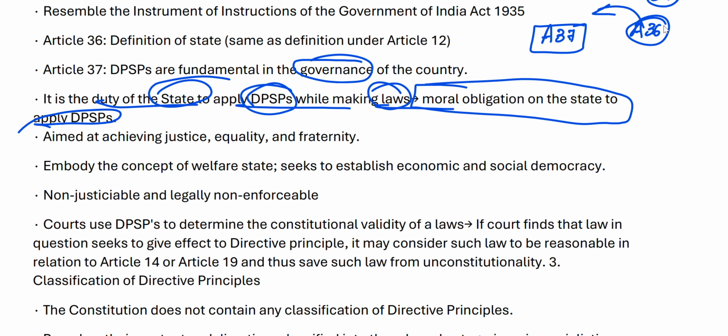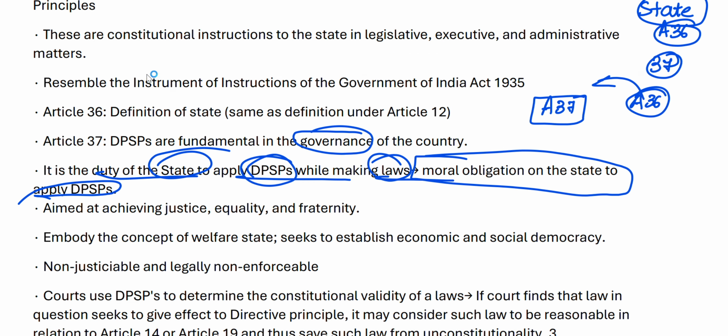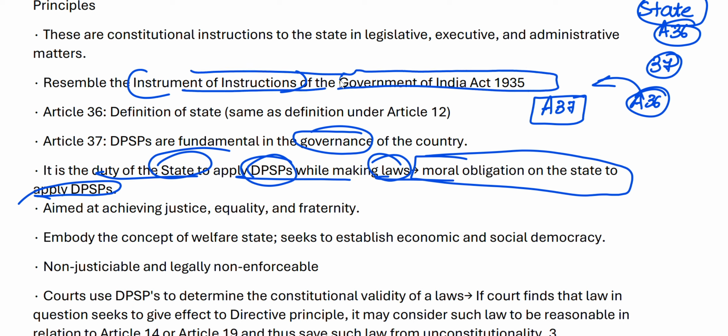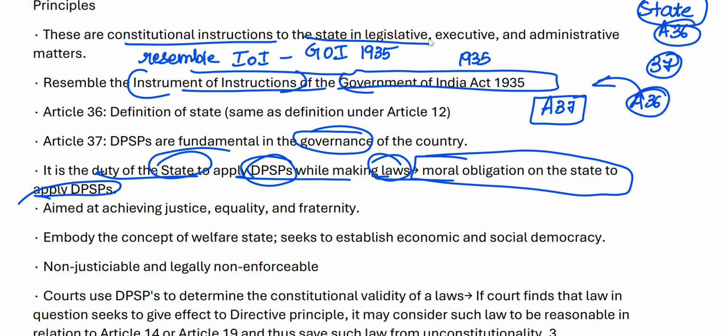These DPSPs resemble the instrument of instructions of the Government of India Act, 1935.